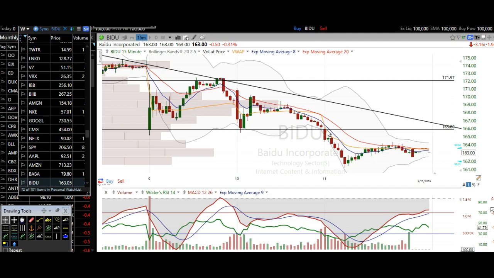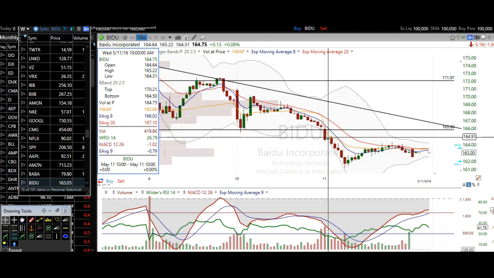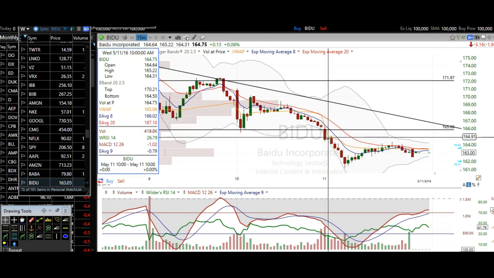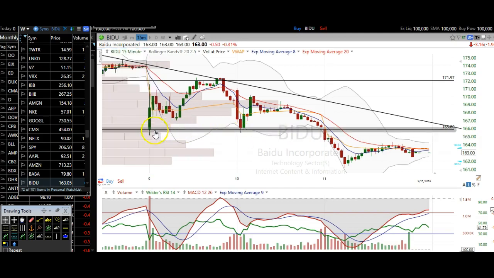Okay, so we got the weekly puts and we bought them right here on this candle, right at about 165 or so. Okay, so 165, we bought those weekly puts on the break of this resistance or this support right here.